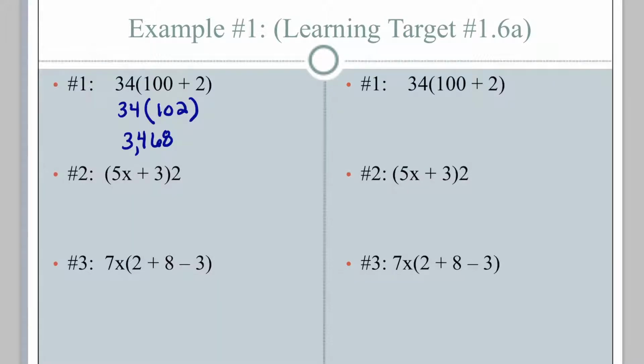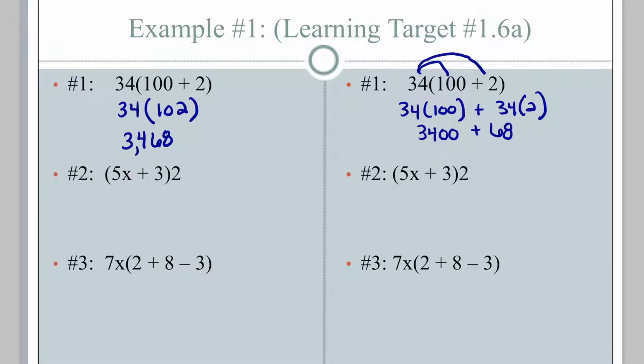3,468. Now I want to compare that to distributing the 34 to all terms. When I distribute, the implication is multiplication. So 34 times 100 is 3,400, plus 34 times 2 is 68.